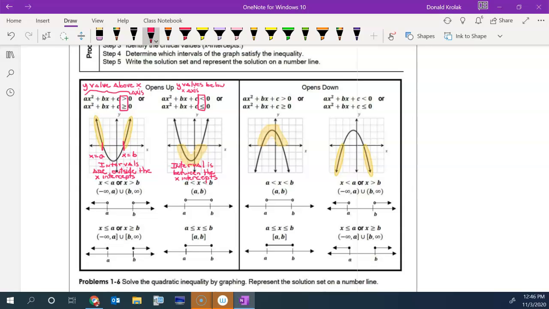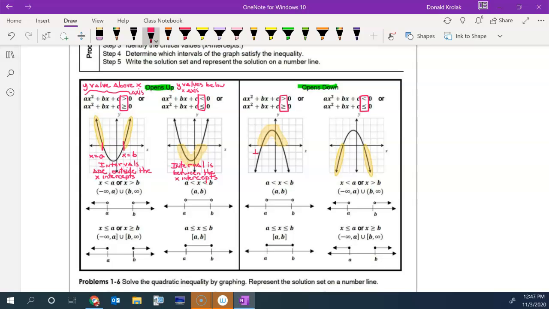And it's just the reverse of this when the graph opens down. So we did graph opens up. And over here, when the graph opens down, the greater than is going to be between the x-intercepts, and the less than is going to be outside the x-intercepts.